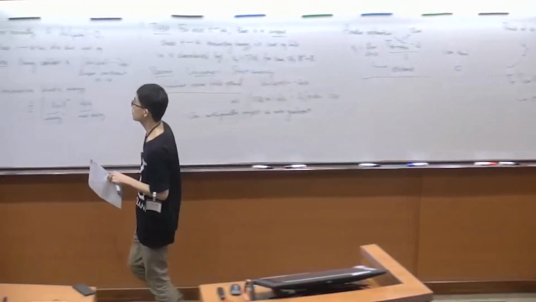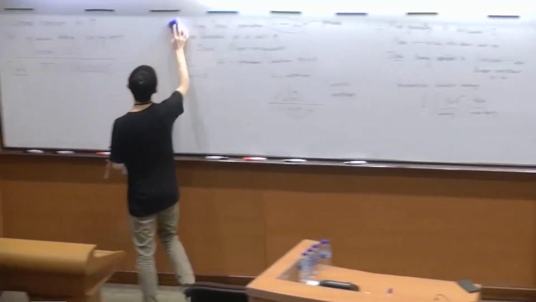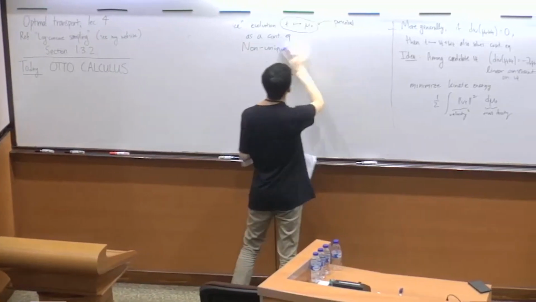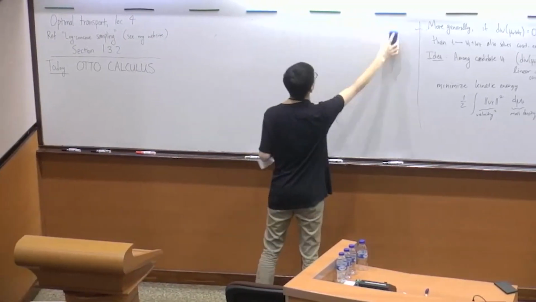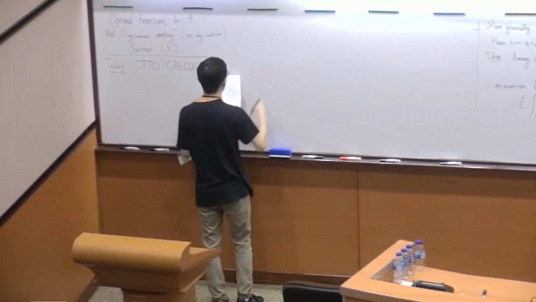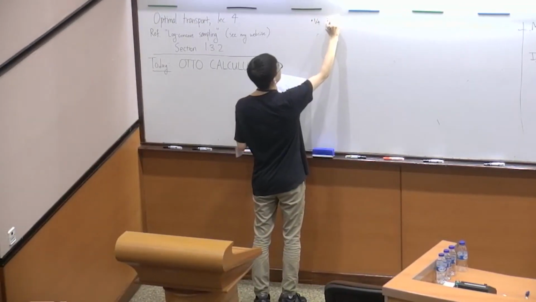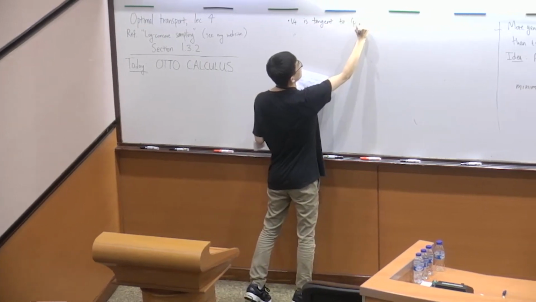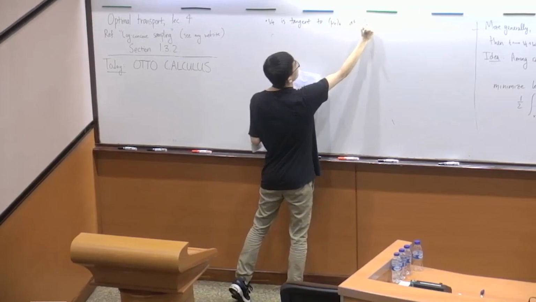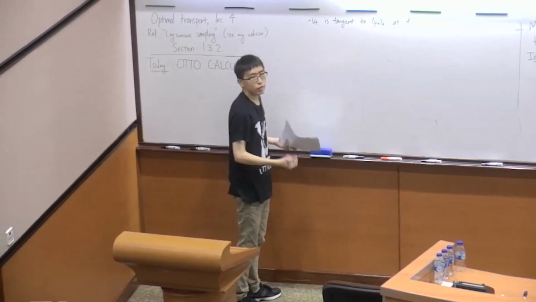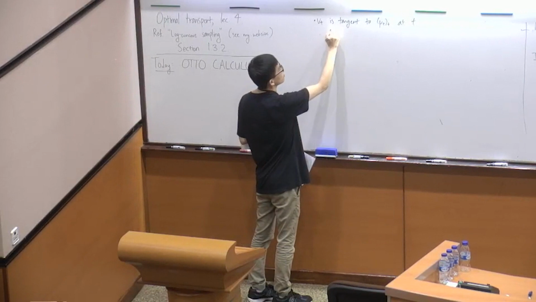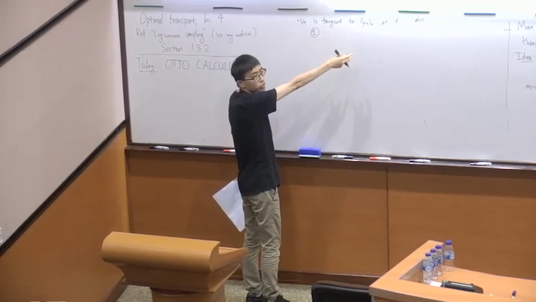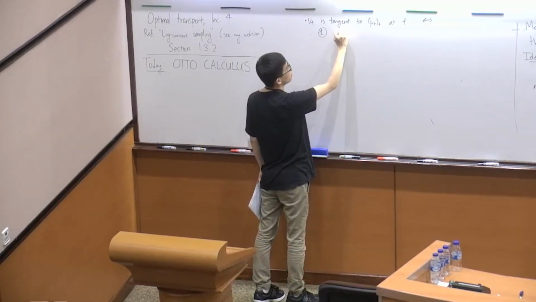Okay, so let me just emphasize what I mean by tangent vector. When I say that Vt is tangent to the curve at t, you should think of this statement as meaning two things. The first thing is that Vt should describe the evolution of μt in the sense that the continuity equation holds.